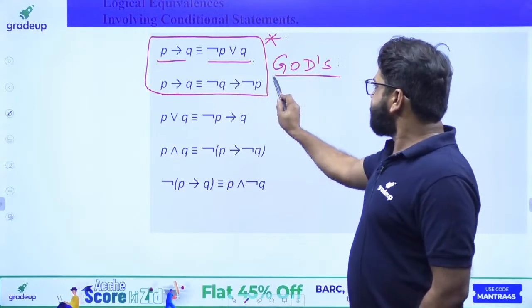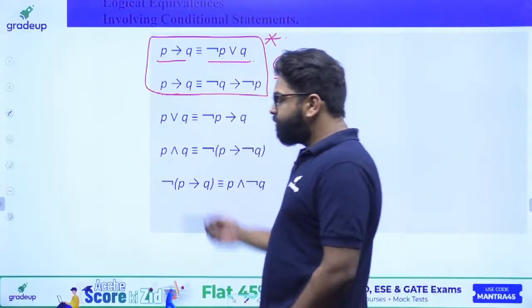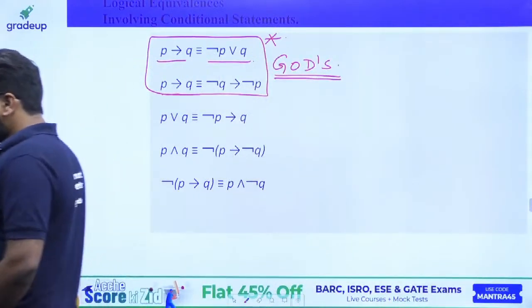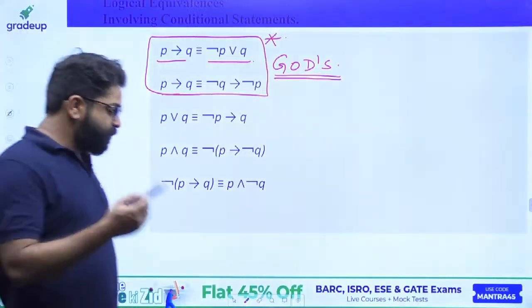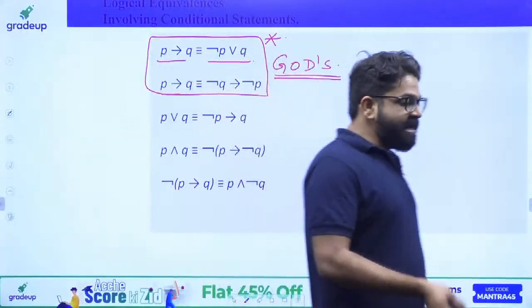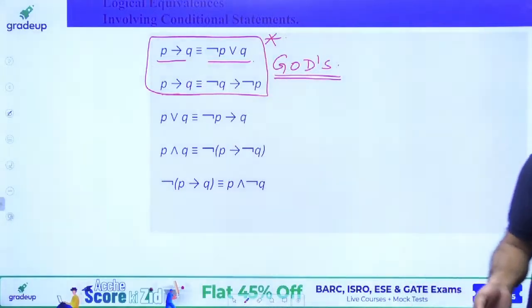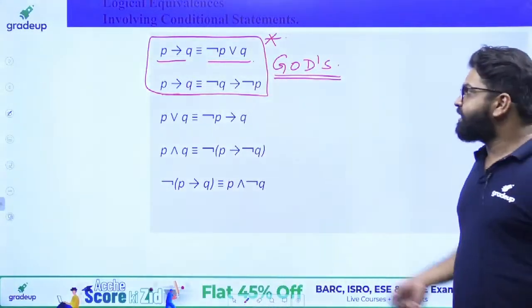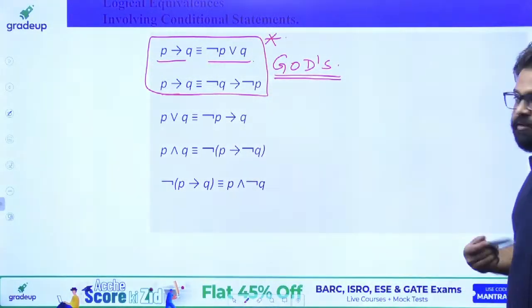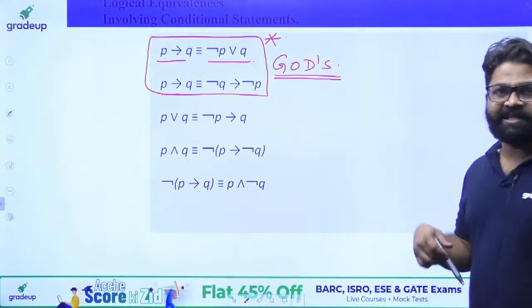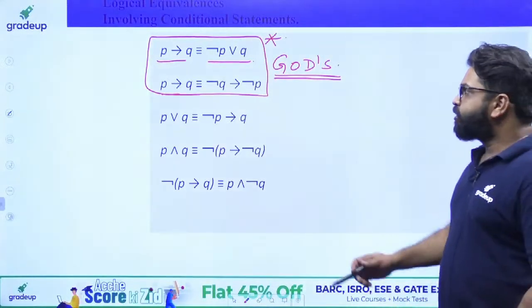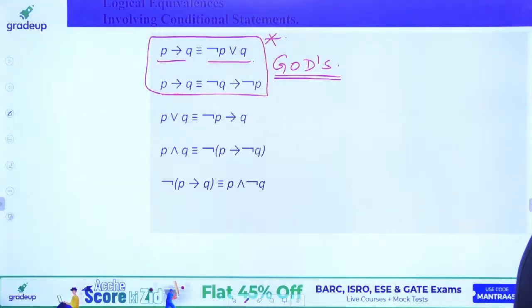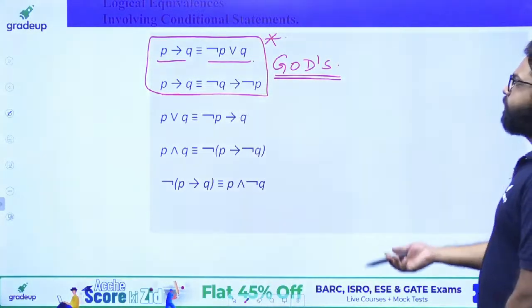If I say remember God, then you have to remember this particular statement. P implies Q is basically the same as negation of P or Q, and P implies Q is logically equivalent to negation of Q implies negation of P. So that's basically the God's rule. I used to say God's rule so that the student can remember it. P implies Q is negation of P or Q, and P implies Q is negation of Q implies negation of P.